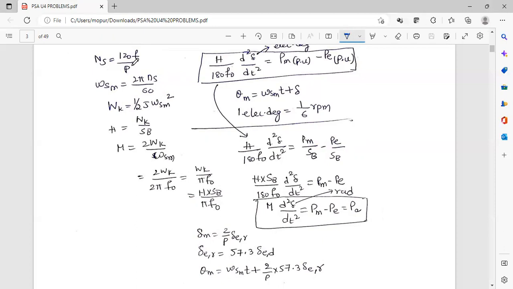Then the kinetic energy stored Wk is equal to half J omega sm square. Then we had H is equal to Wk divided by Sb.